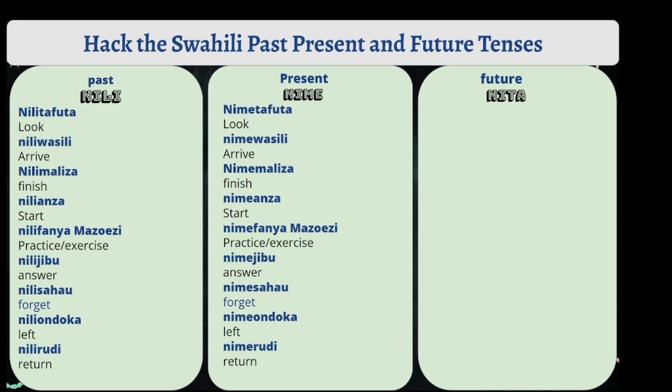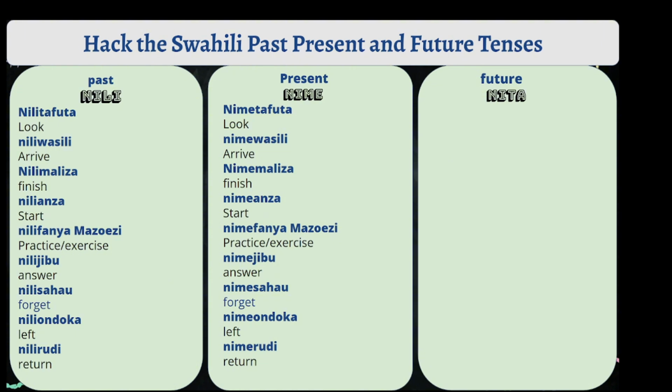There's a cute little Swahili song, Nimetafuta kote kote. It's a cute song, but this is not a musical lesson, so let's stick to the program here. All right, nimetafuta, look. Nimewasili, arrive. Nimemaliza, finish, and so on.